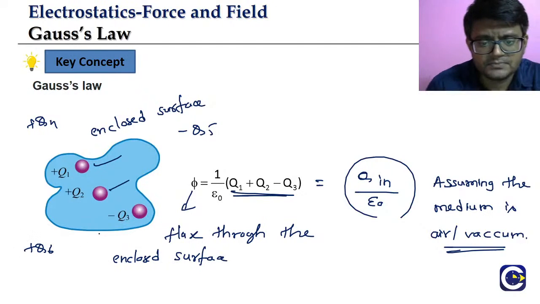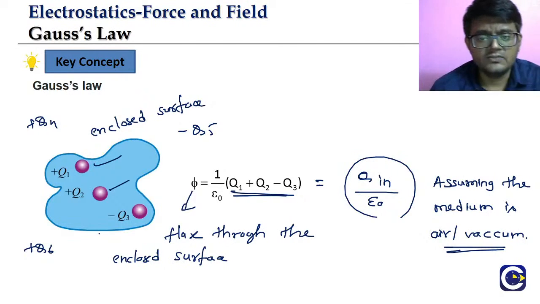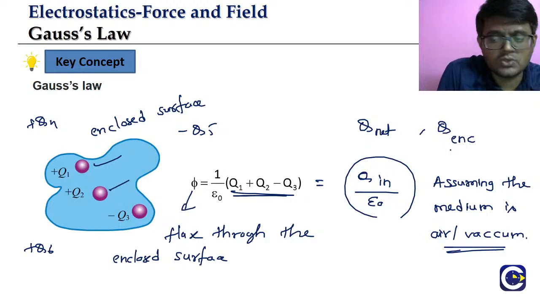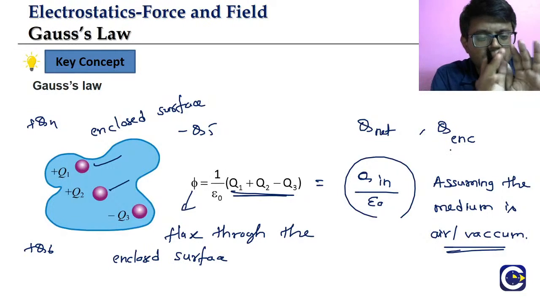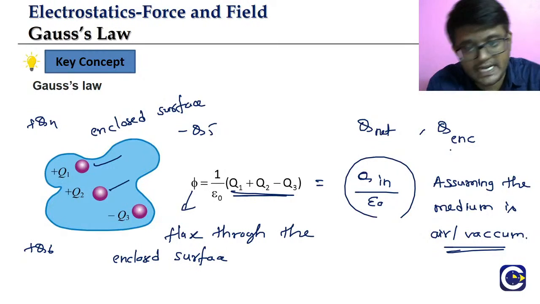These do not come in. When we look at the flux through the enclosed surface, the charges outside the surface do not matter. Only what is inside the surface will be reflected. So when we say q inside, or q net, or q enclosed, whatever you call it, that is the total value of charges inside that we have to add. Because charge is a scalar, we just add those values. Positive charges add, and negative charges subtract.